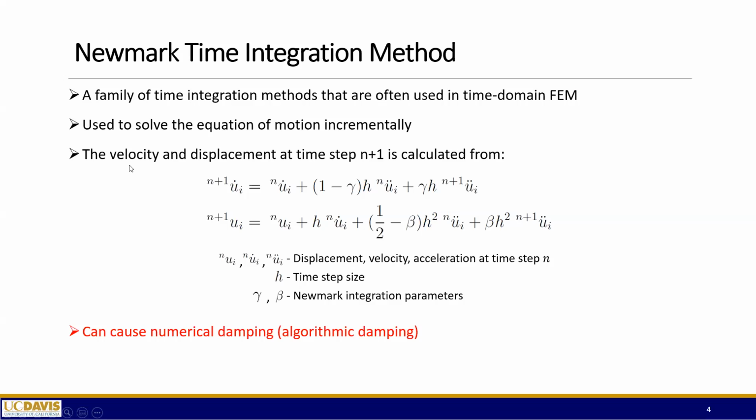As we can see, the velocity and displacement at the next time step, which is time step n+1, is calculated from the displacement, velocity, and acceleration at the current time step, which is time step n. And then the equation also involves the time step size, and also the Newmark integration parameters.